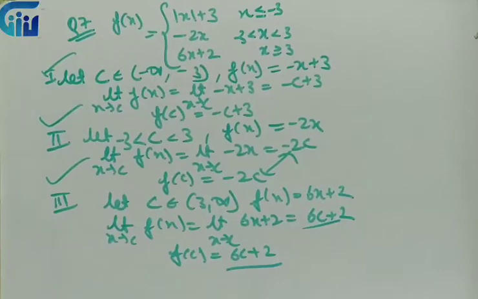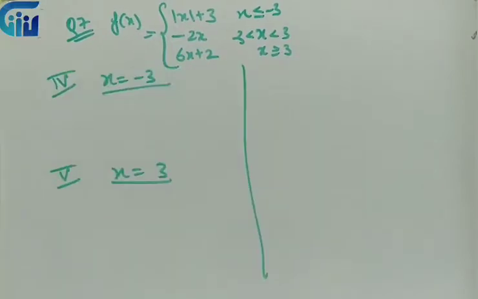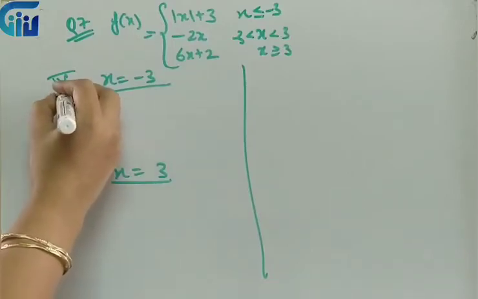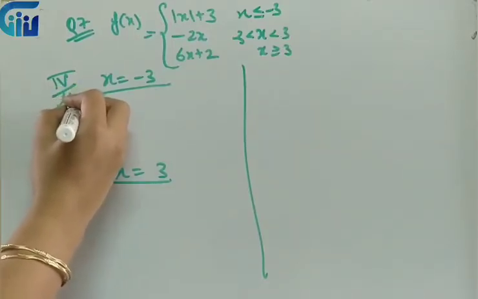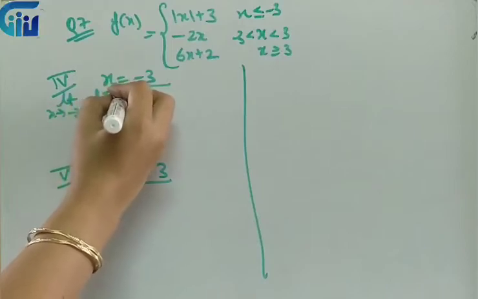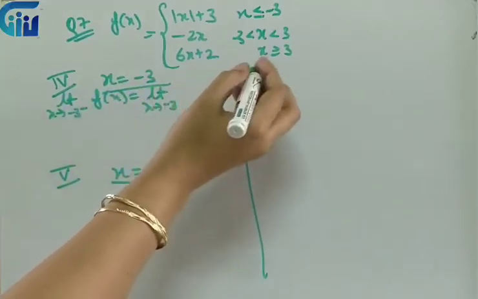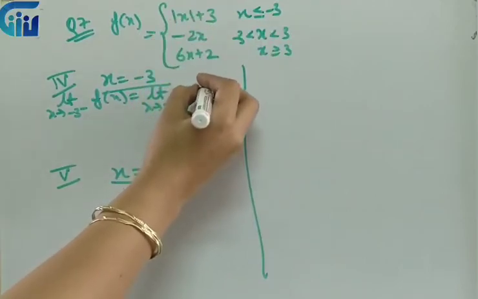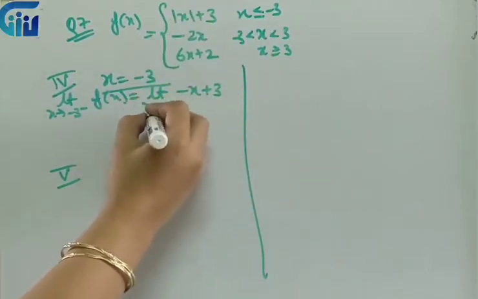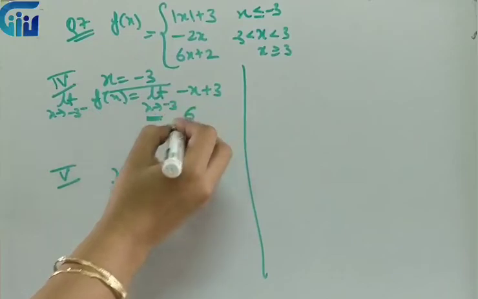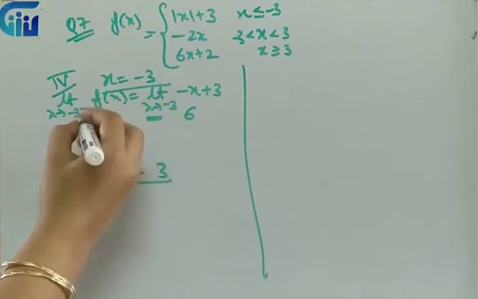The next case will be, we will check for points -3 and 3. So when x is equal to -3, what will we have? We will have the left hand limit, that is limit x tending to -3 minus. If it is -3 minus, it means it is less than -3, and less than -3 means it is -x plus 3. If I put the value, I will get 6.